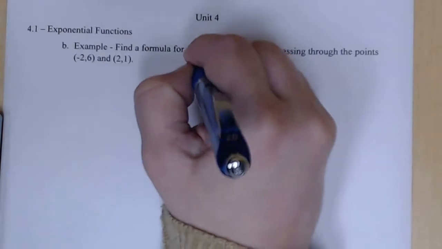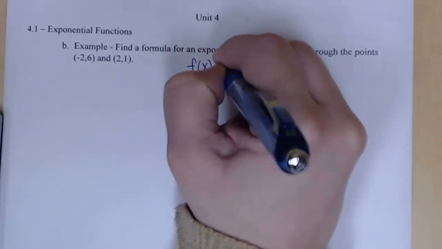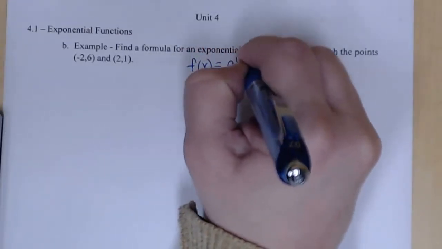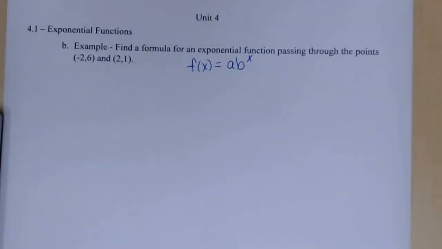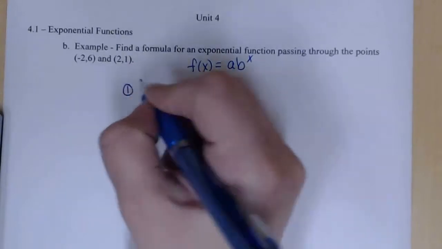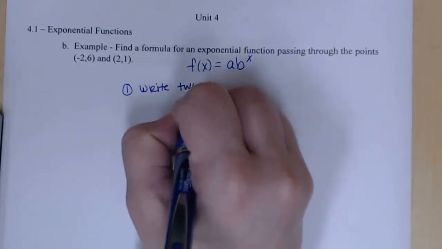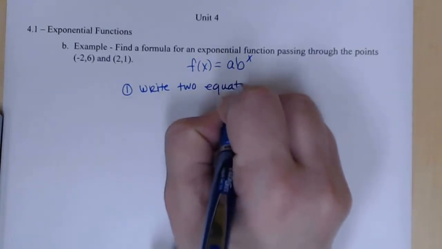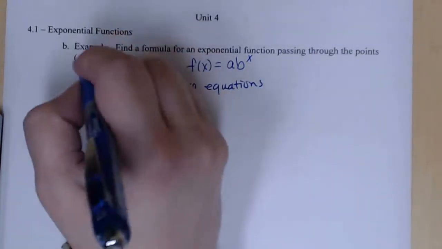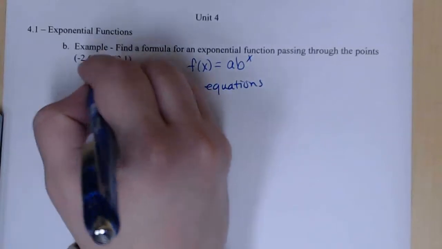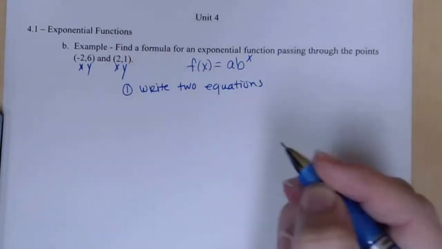So what we're wanting to do is set up an equation, f of x equal to ab to the x, an exponential equation. So we're going to do some steps. I'll write them as we go. So first thing we want to do is write two equations. So to write two equations, here's my x and here's my y, here's my x and here's my y.